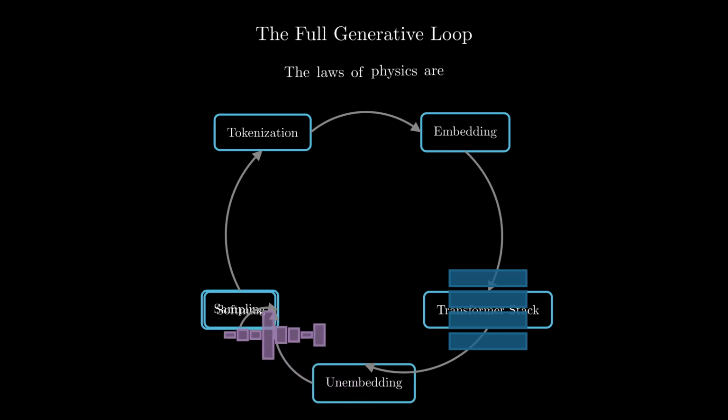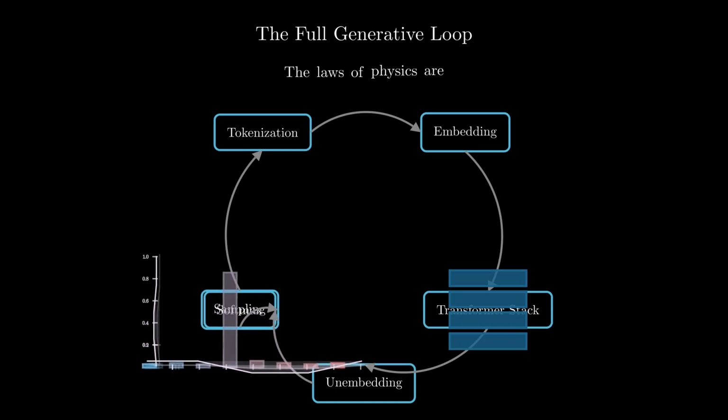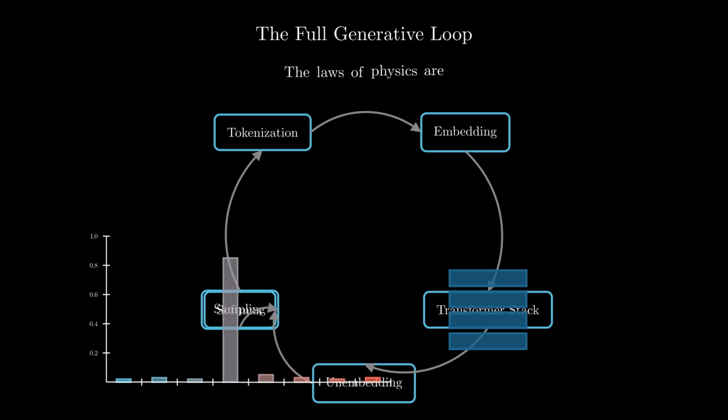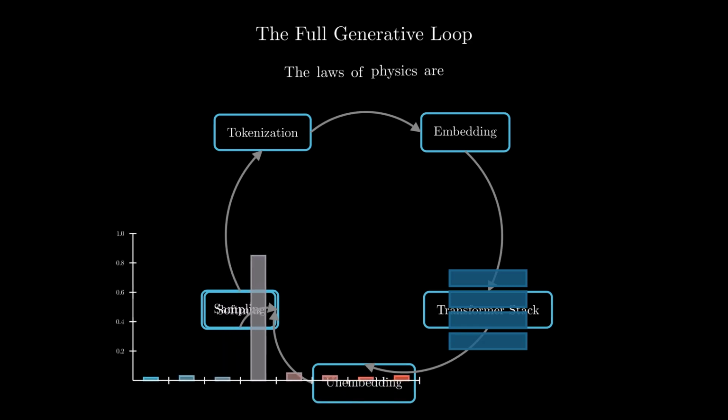A high logit score suggests a likely next word, but they're not probabilities. To fix that, we apply the softmax function. This squashes all the logit scores into a clean probability distribution, where all values are between 0 and 1, and they all sum to 1. Now the model has a clear ranking of the most likely candidates for the next word.